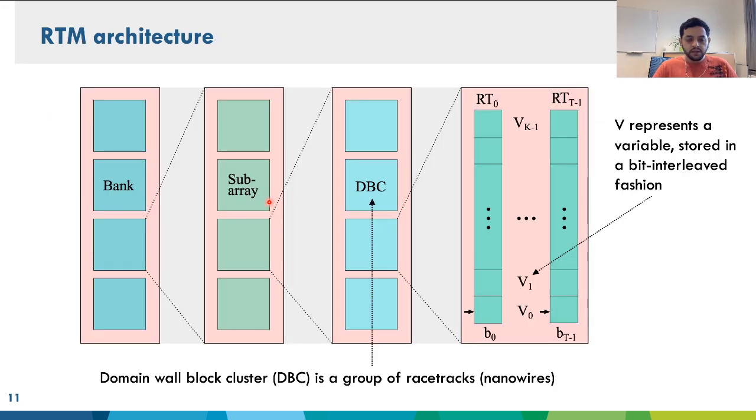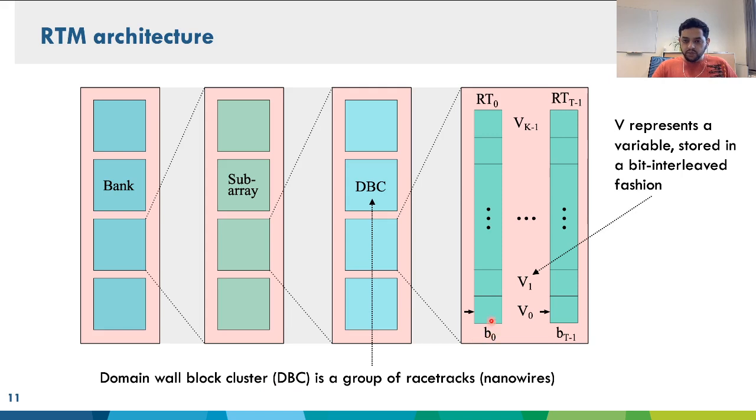Here I present an overall architecture. The magnetic nanowires, which I showed on the previous slide, are grouped together to form a more abstract, coarser unit, which we call a domain wall block cluster, represented here.